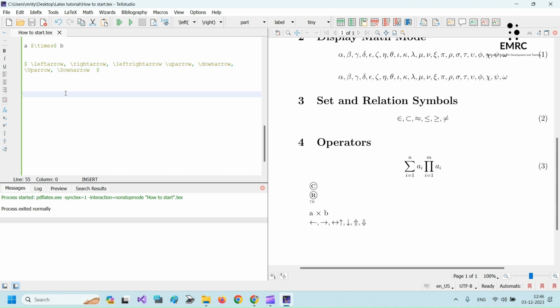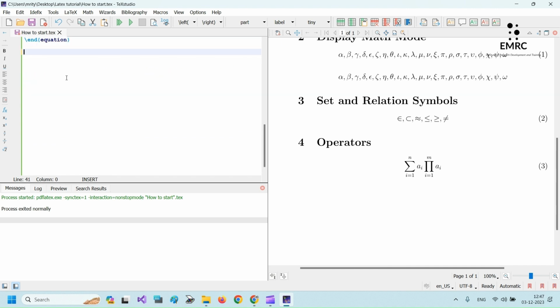You can insert some other symbols also. If you want to insert a square root, you have to simply give a command, start with a dollar sign, end with a dollar sign, and simply write sqrt, suppose 4.